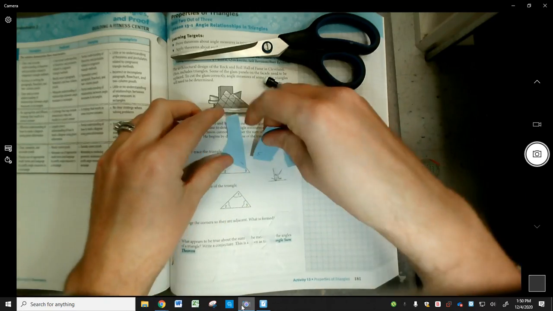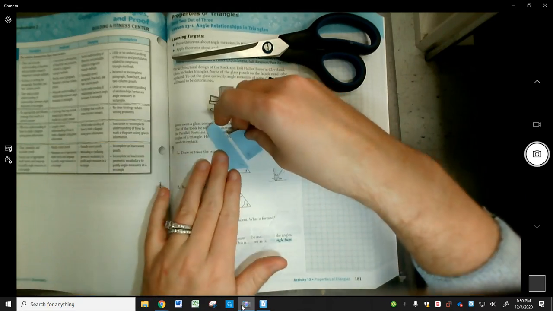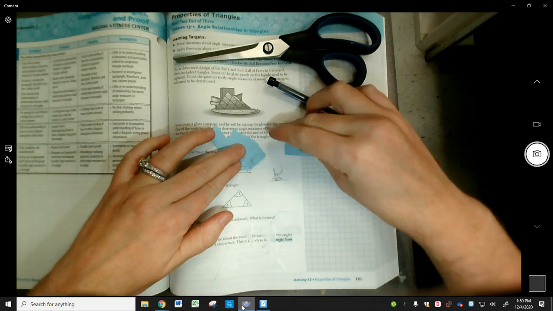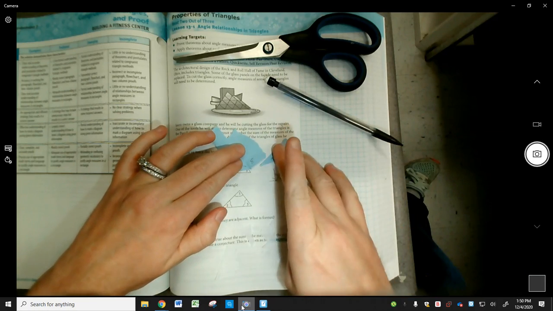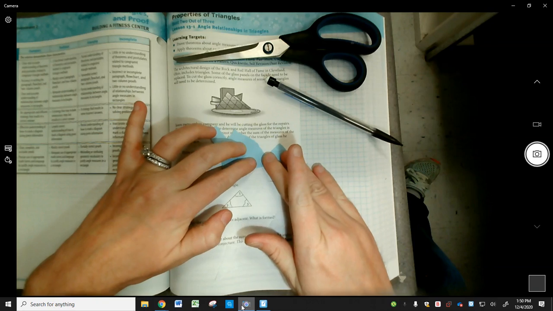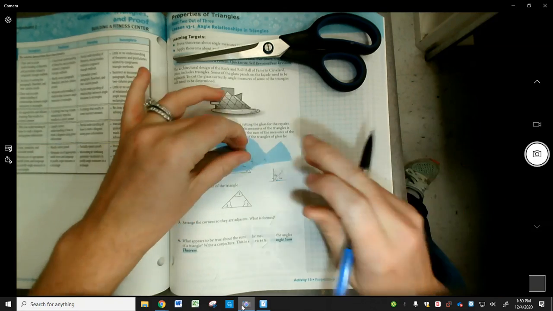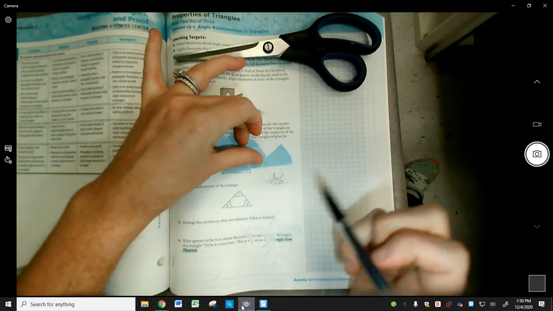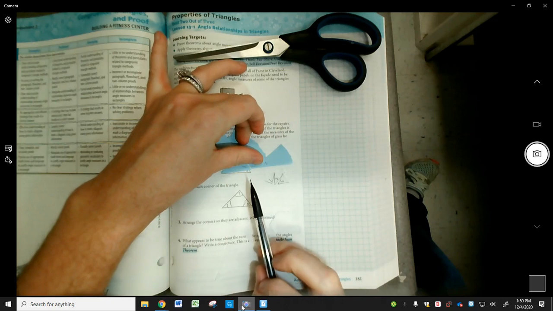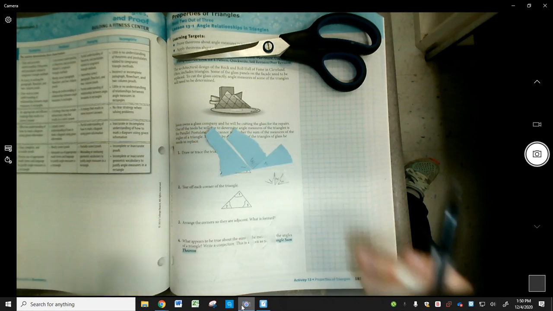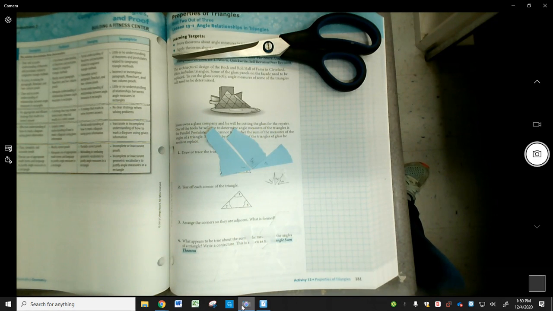And if I put them together, it ends up creating a figure like that, which, hopefully you're seeing it, creates a line here. It creates a straight angle. That's what they're wanting you to see there.